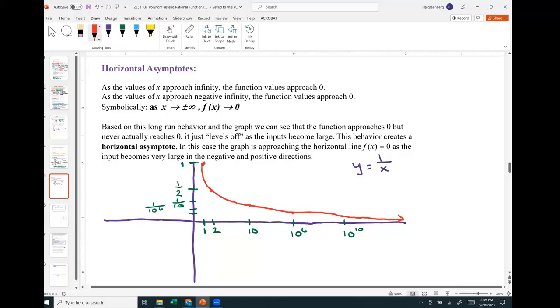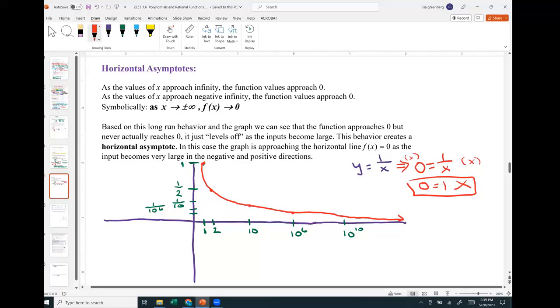Well, can y ever be 0? Let's see. If y equals 0, that's 0 equals 1 over x. Well, we can multiply both sides by x. x times 0 is still 0. I get 0 equals 1. Obviously, no. We can never make y equal 0 by changing x.